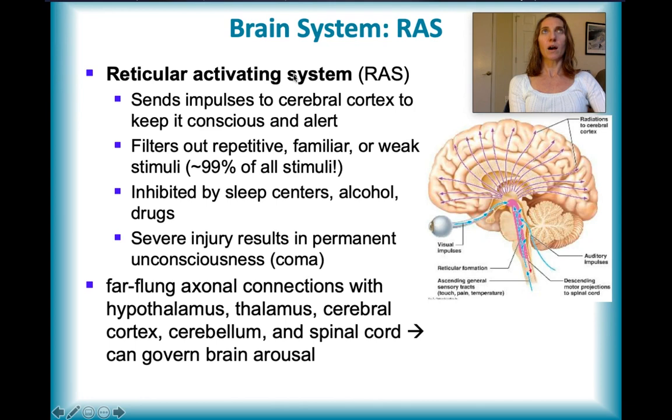So another way to think about the reticular activating system is it is pivotal to filtering out the noise, if you will, in our environment. So repetitive stimuli, familiar stimuli, weak stimuli, about 90% of the stimuli coming through our body is going to be filtered out by this RAS so that our cortex doesn't have to be bothered by it.